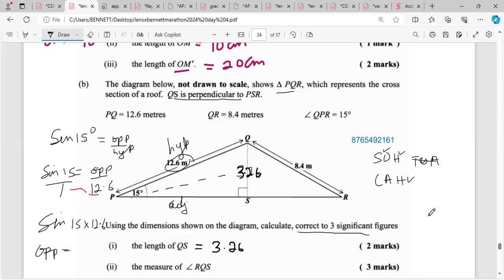All right, the next thing they ask for is the measure of RQS. Again, we're going to need a calculator. When we're identifying the angle, it's always the third letter. So RQS. This is the angle that we're looking for. Now, since we have this side and this side, I'm going to just use the inverse ratio, right?